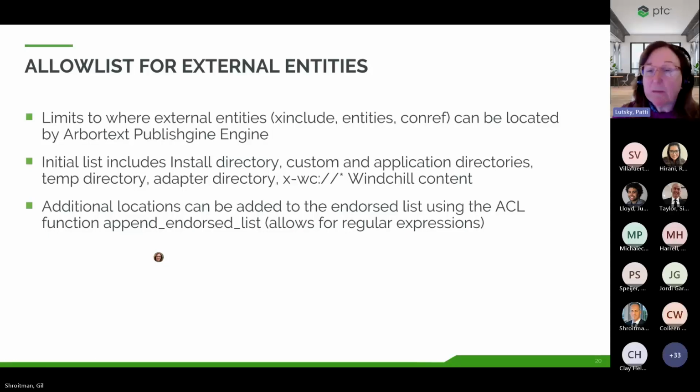Additional locations can be added to this allow list using an ACL function. So, if you have additional places where the content needs to come from in a published job, you can add either a specific location or a regular expression for where to find the content.